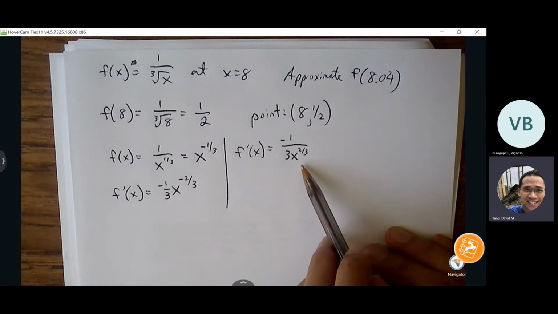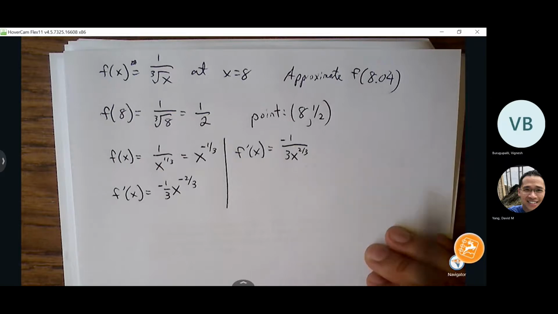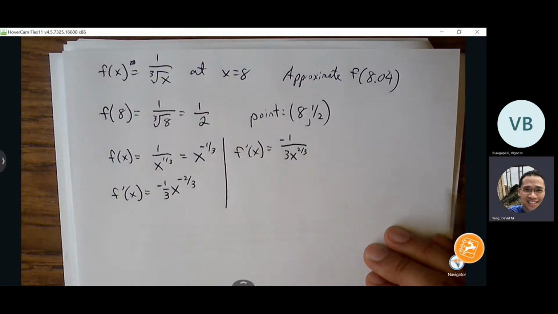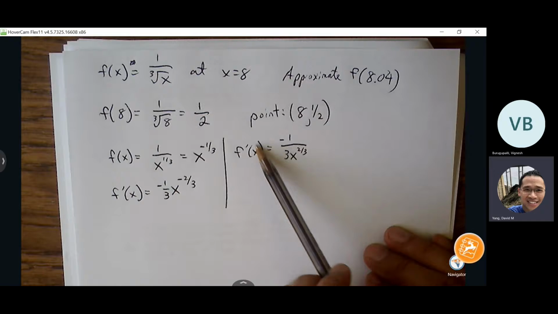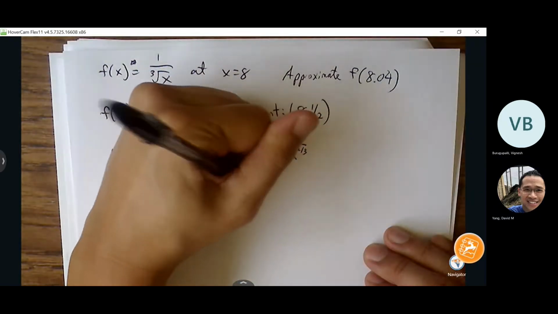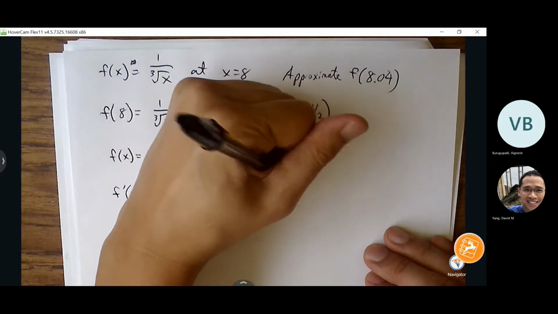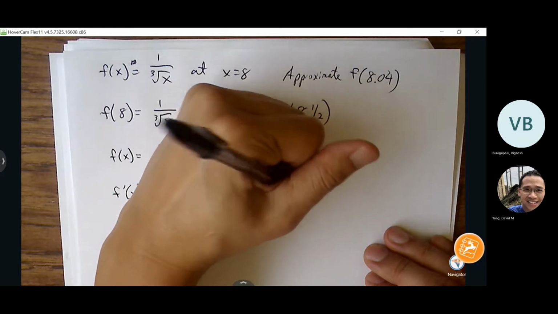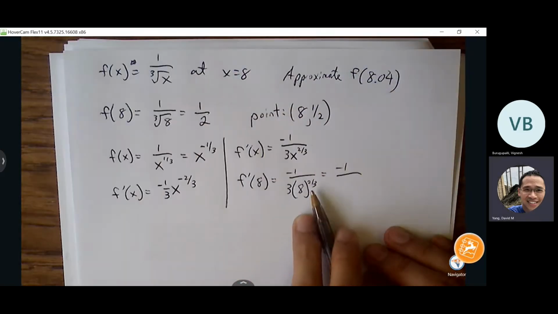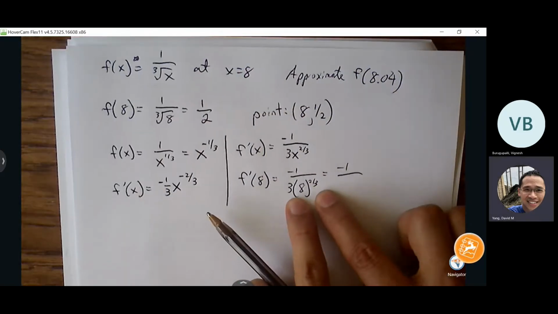Okay. What can we do once we have our derivative? Yeah, find the slope, right? 8 into the derivative will get us our slope. This is cube root of 8 squared.